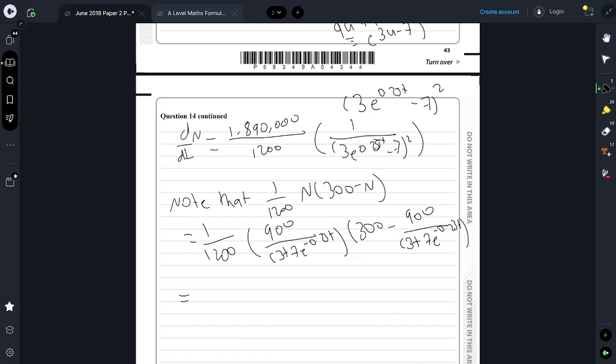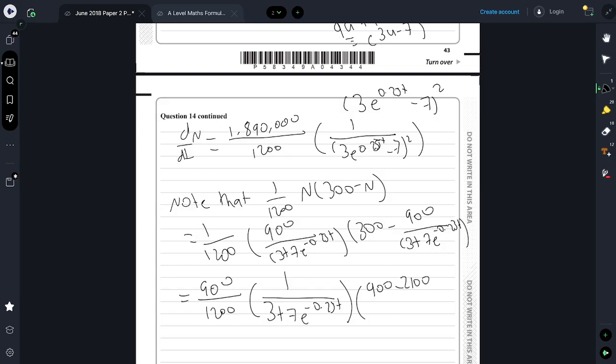Then we can bring the 900 out. So 900 over 200. That's 1 over 3 plus 7e to the minus 0.25t, times by, then we're going to combine it. So we're going to say 300 lots of 3, which is 900, minus 300 times 7, which is 2,100.